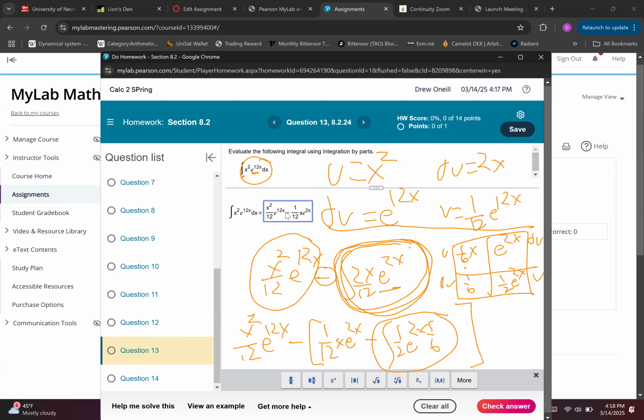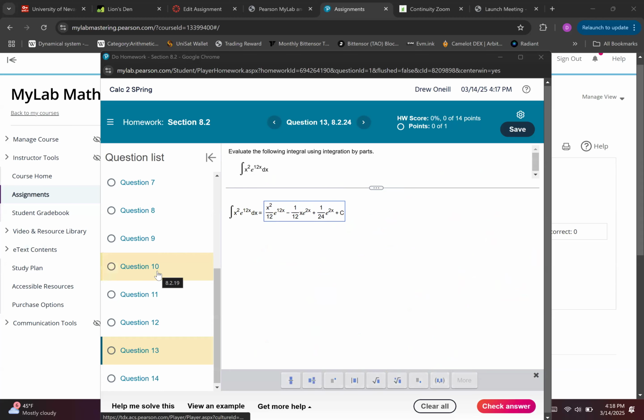And then what's the antiderivative of this? Well, it's minus minus, so it's positive 1/12. But because I'm integrating e to the 2x, I'm dividing by that 2. So it would be 1/24 e to the 2x plus a constant. So the final answer is that.